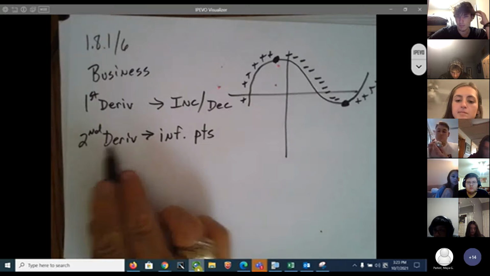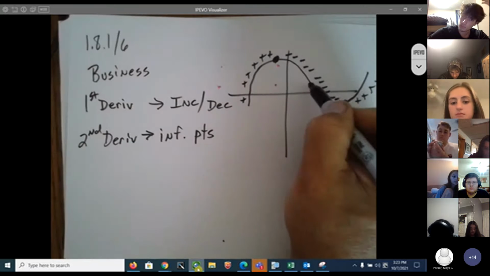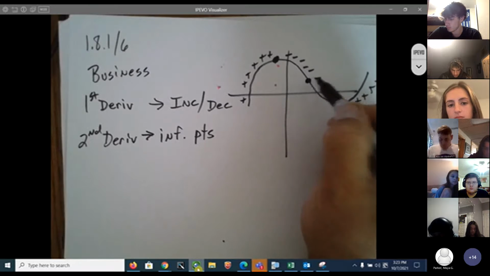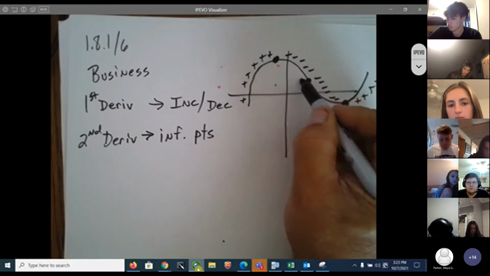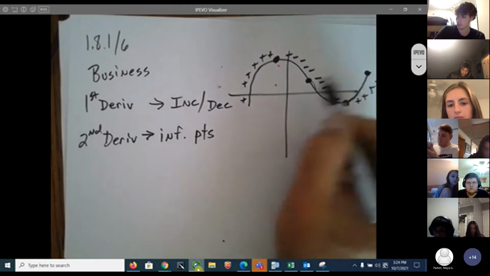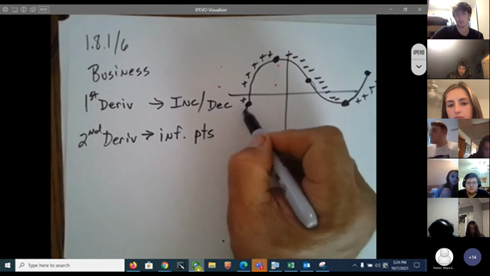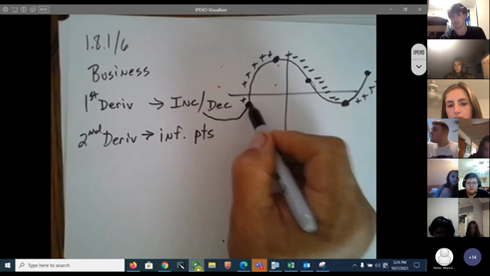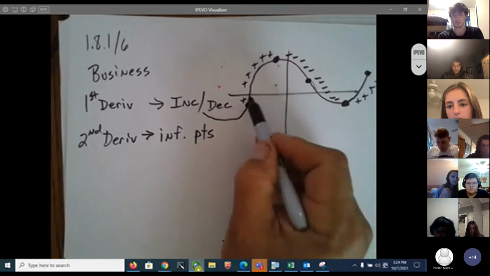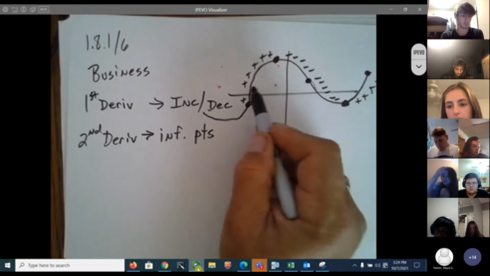And the second derivative will give you the inflection point, where the transition between concave down and concave up happens, where the concave up ends and the concave down begins.